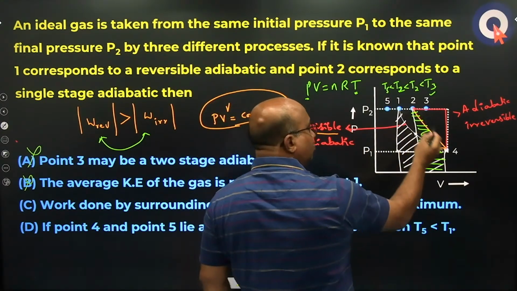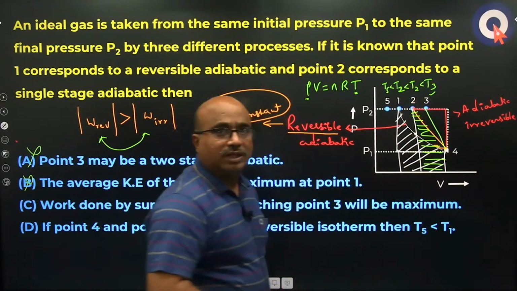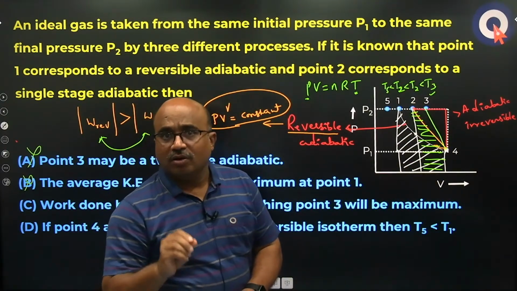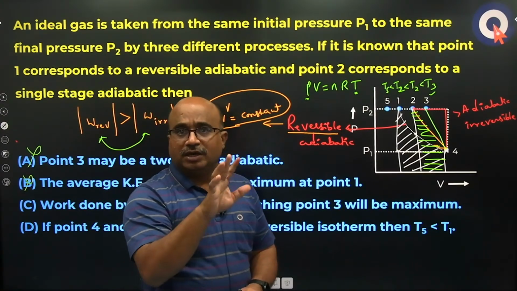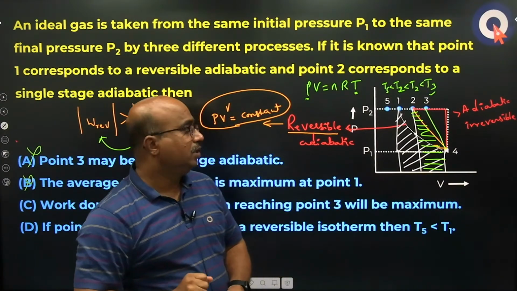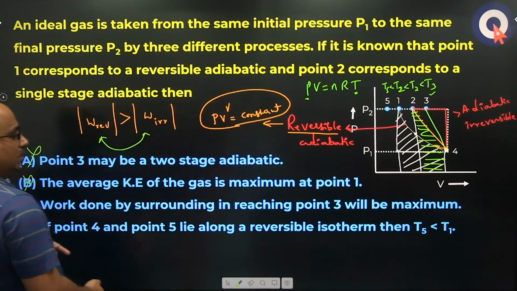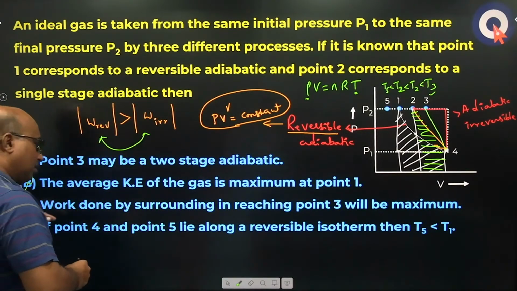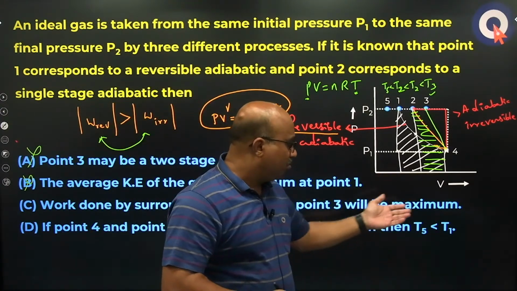So if the process is going from 1 to 3, then it should not be that only the work energy is converted into internal energy. Some other heat is also flowing into it. But anyhow, that is nothing to do for us now, because work done by the surroundings in reaching the point 3 will be maximum.